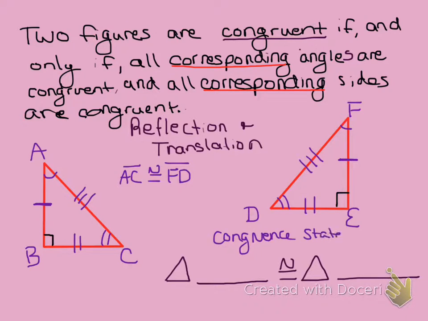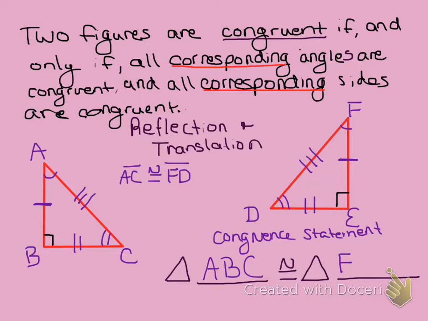Now, the thing with a congruence statement is that you have to put the corresponding angles and sides in the same order for both of your triangles. So let's name our triangle on the left A, B, C. Now, we're going to name our triangle on the right based on the corresponding angles. Angle A corresponds to angle F, so we're going to put it first.